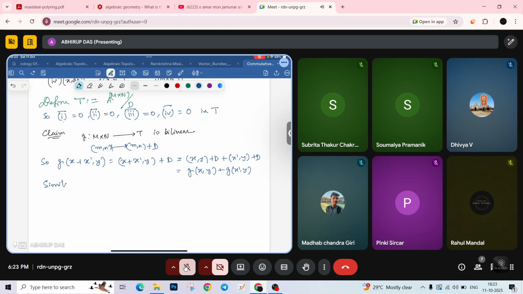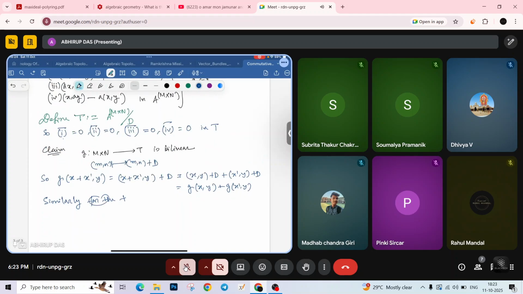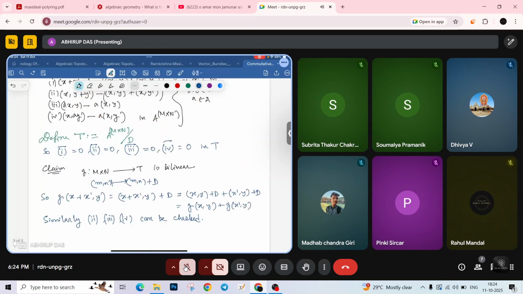Similarly for the other coordinates. Similarly, you can check 2, 3, and 4.